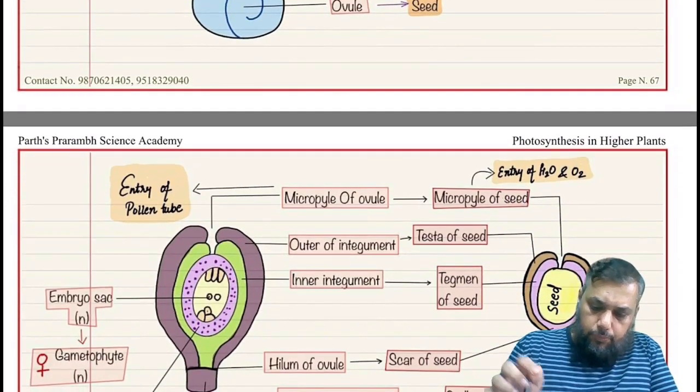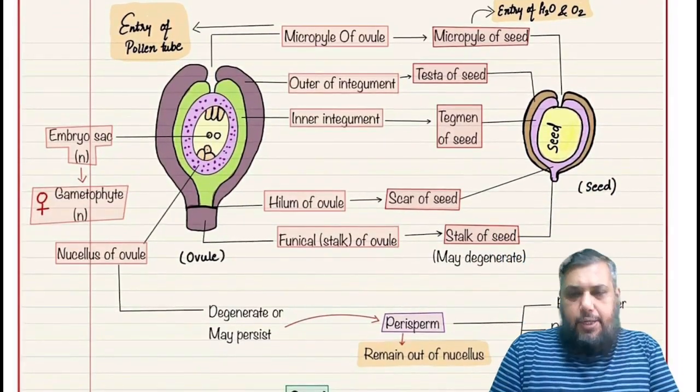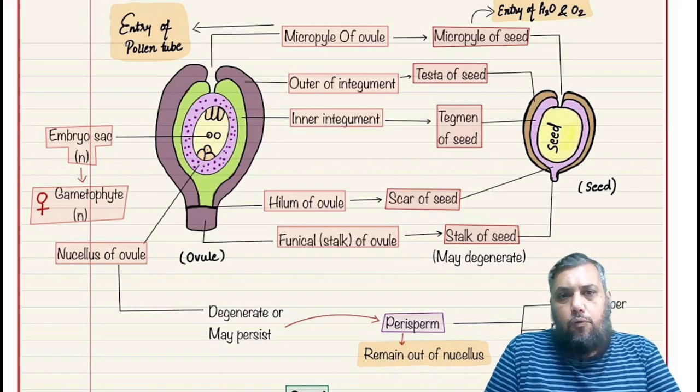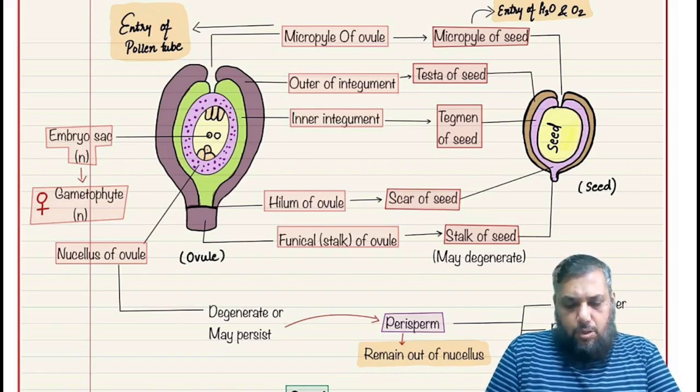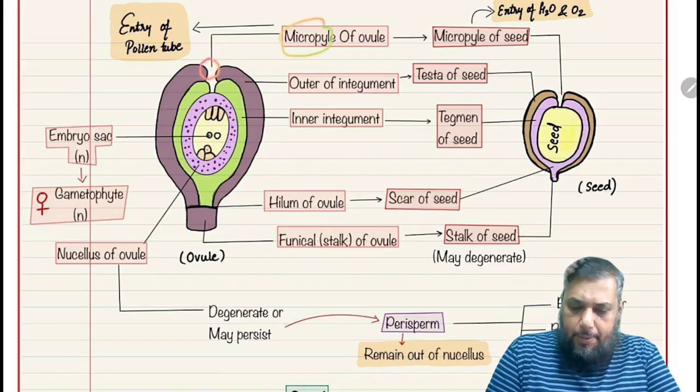Now, when we talk about the seed, the seed is the ovule after fertilization. So we have shown here a basic structure of the ovule, where the ovule has an opening at the top, which is called micropyle.